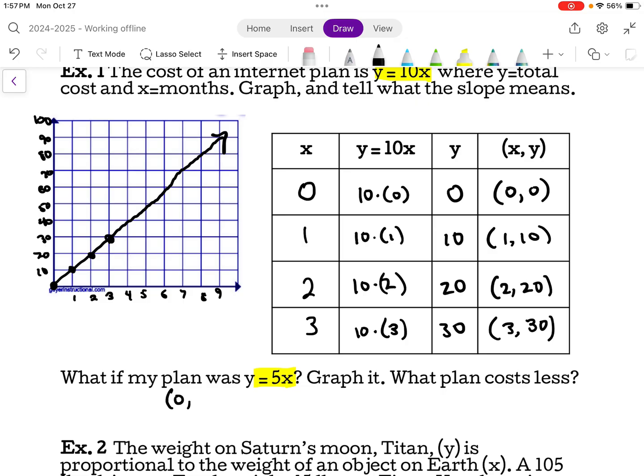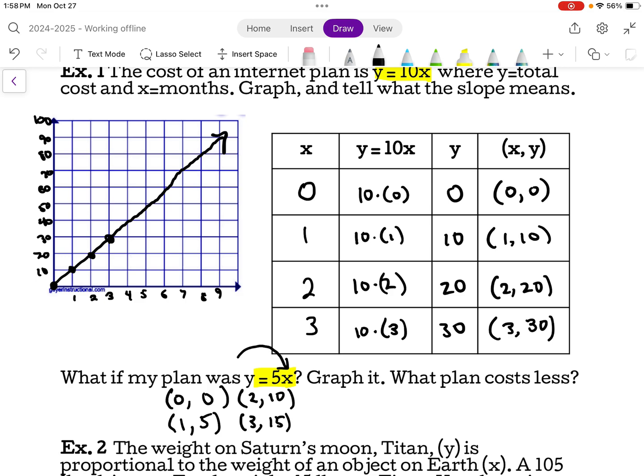So if I were to pick points, 0 for x, if I plug that into the x value, it's going to spit out 0 for y. If I plug 1 in there, 5 times 1 is 5. And then if I plug 2 in, 5 times 2 is 10. And then 3, 5 times 3 is 15.